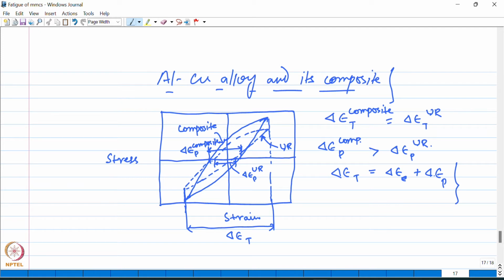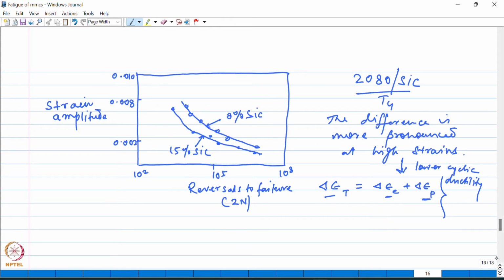So therefore, if you look at the stresses developed in the composite and in the unreinforced material, the stresses in the composite will be higher compared to that in the unreinforced matrix at a given strain. Okay. So this leads to a higher fatigue damage, particularly at high strains, and that is why you see the most pronounced differences in the fatigue life at high strains, as you could see from this particular figure over here. Okay.